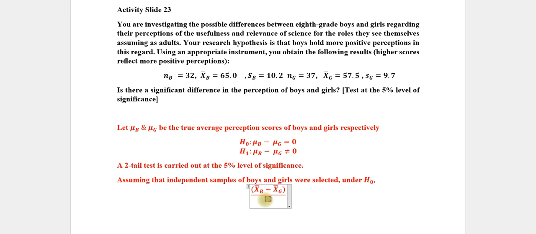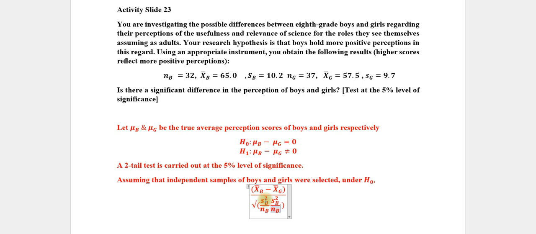And then we're going to divide by the square root of what? There are two things to consider here. There is one, the standard deviation for the sample of boys, and one for girls. So what we're going to do is s squared b divided by n, as I explained to you in the lecture, by the way.